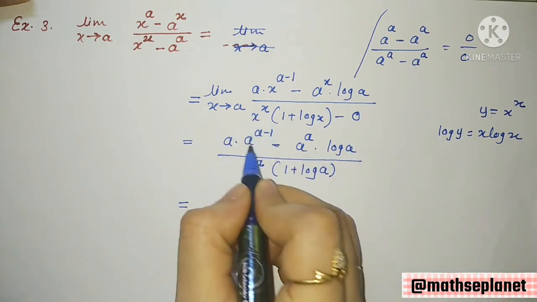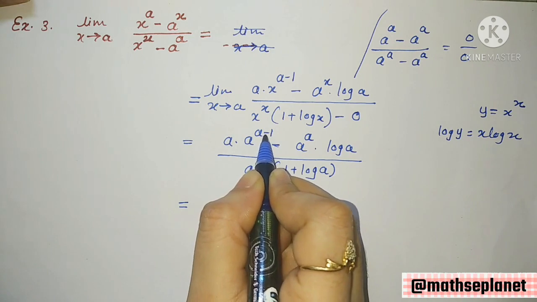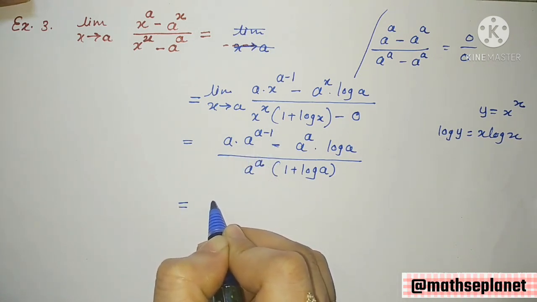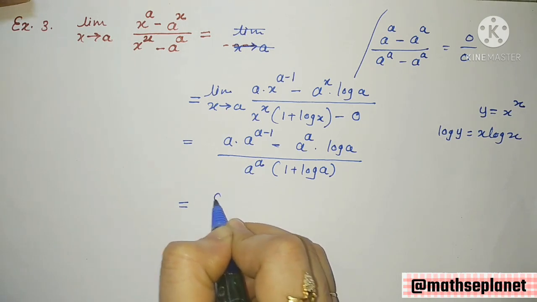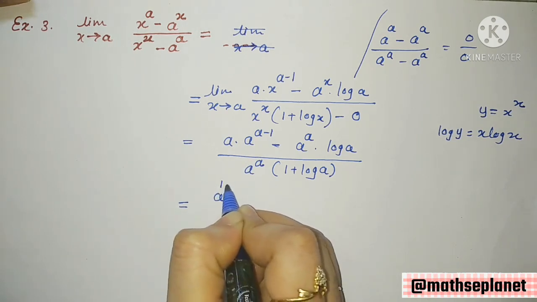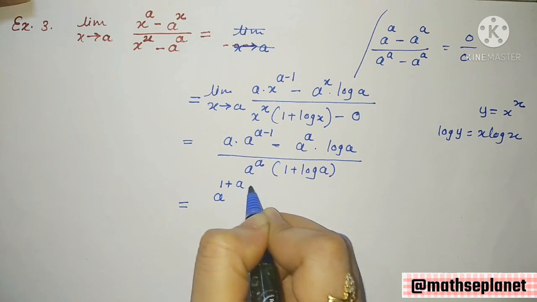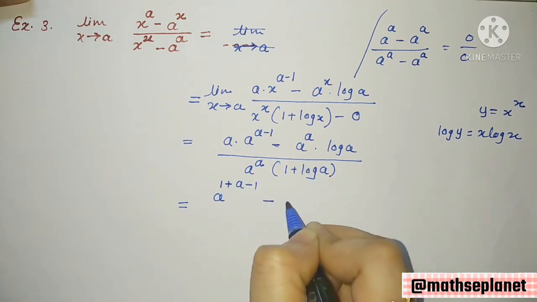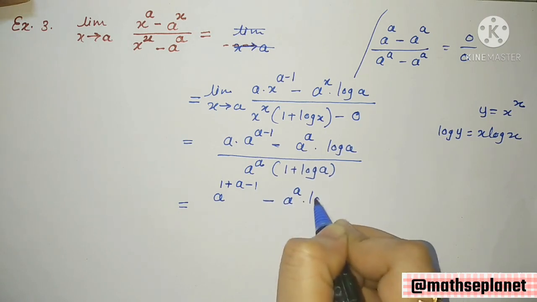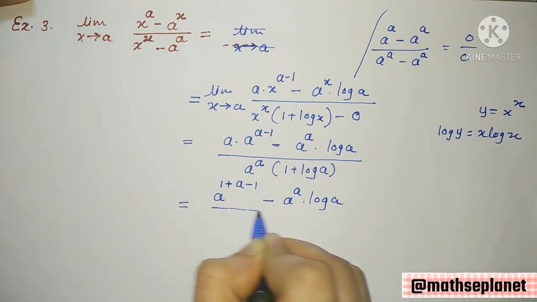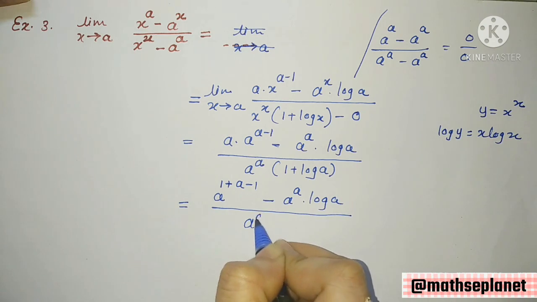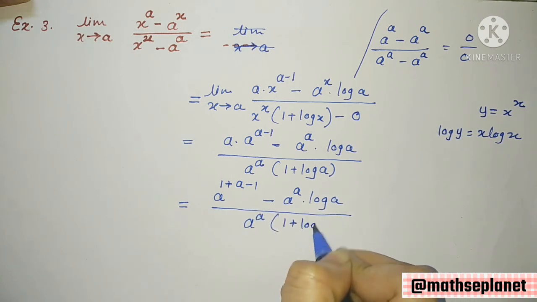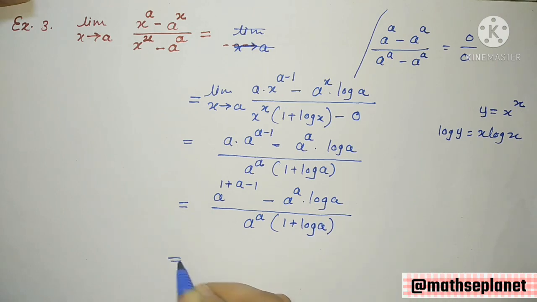Here powers are different but bases are same, so for the same base we have to add the powers. So a raised to 1 plus a minus 1, minus a raised to a into log a, divided by a raised to a in bracket 1 plus log a.